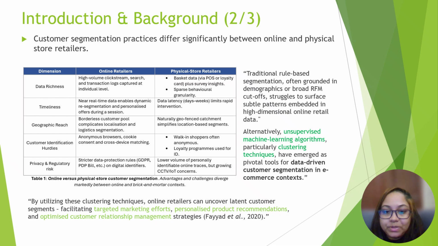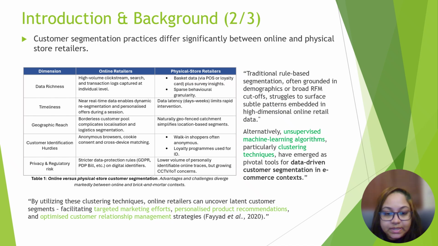Now, traditional rule-based segmentation, which is often grounded in demographics or broad RFM cutoffs, these techniques struggle to surface subtle patterns embedded in high-dimensional online retail data. As an alternative to rule-based manual approaches, unsupervised machine learning algorithms, specifically clustering techniques, have emerged as pivotal tools for data-driven customer segmentation in e-commerce contexts.